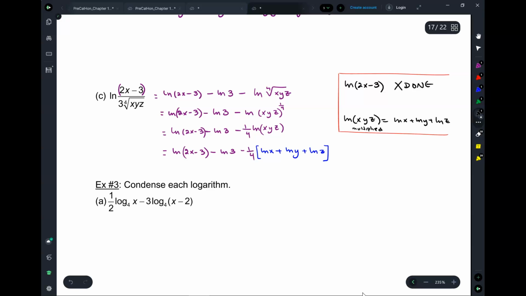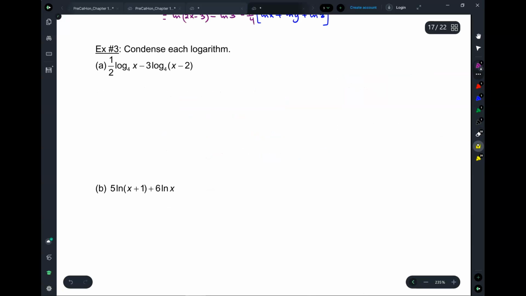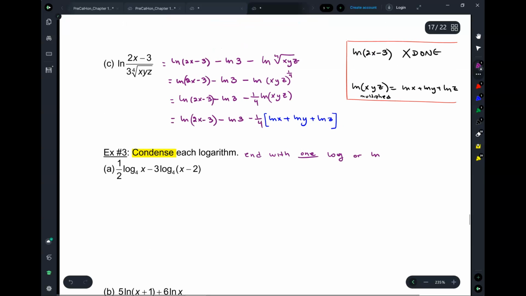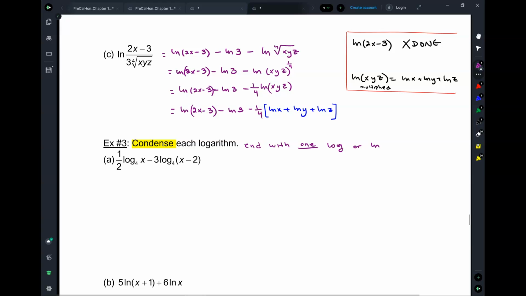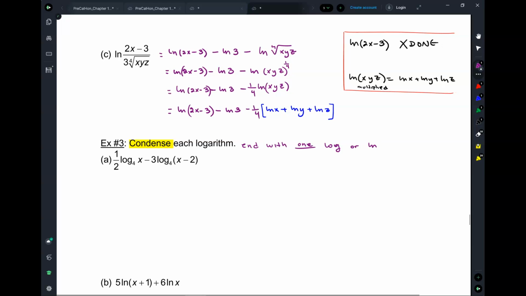When you condense a logarithm, you have to end with just 1 log or ln. So everything we did here, we're going to do in reverse. If there is a plus, you're going to multiply.